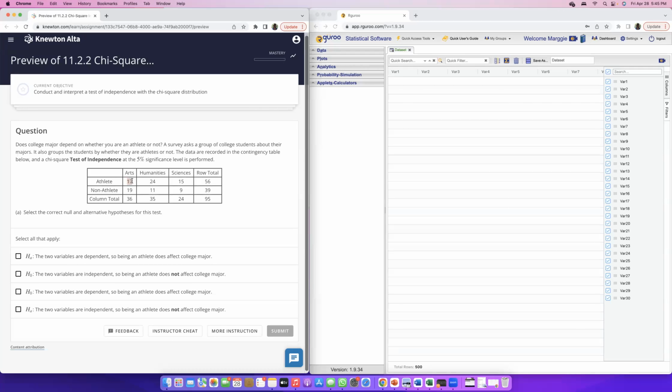Each of these cells is the count of the intersection of the row, which is the athletes, and the column. So for this 17, we had 17 students that responded being athletes and being an art major. 15 of them are athletes and science majors. 9 of them were non-athletes and science majors.